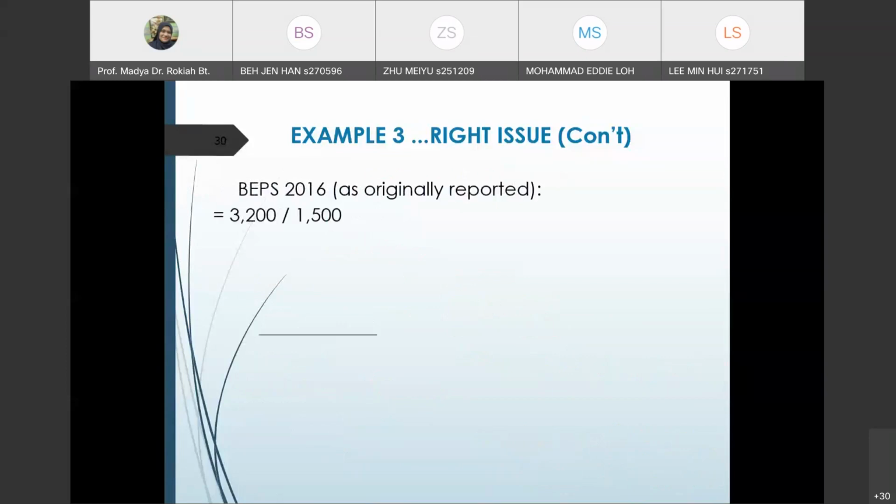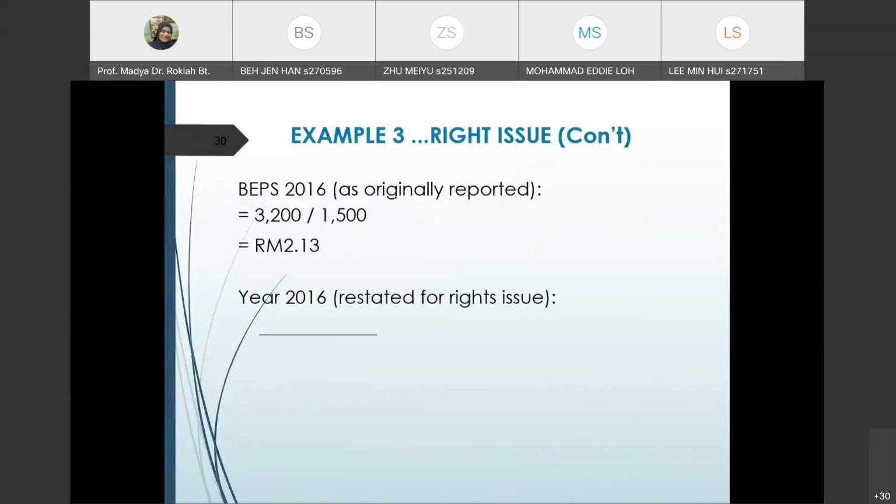So we are going to calculate the earnings per share for the year 2016 based on the originally reported figure, before the adjustment. You have 3,200 divided by 1,500, the existing shares, which gives 2 ringgit and 30.